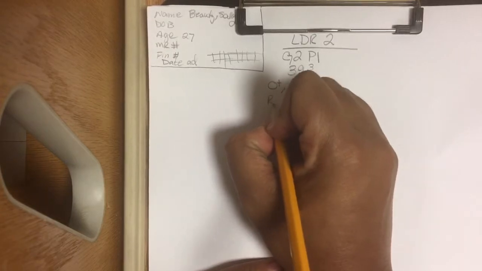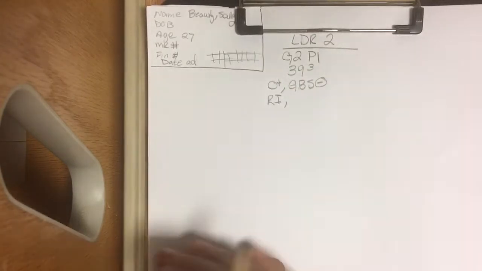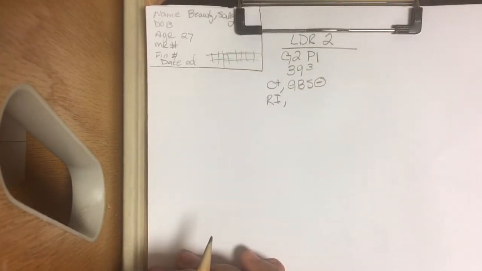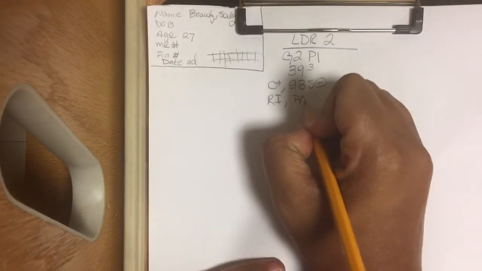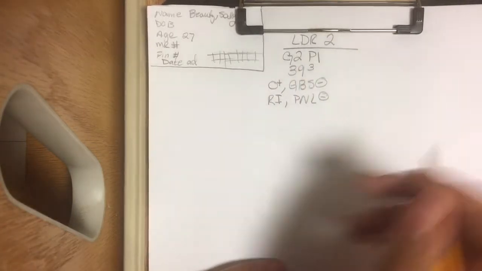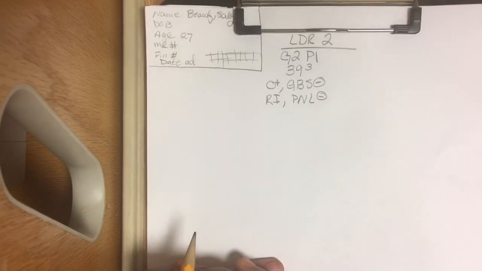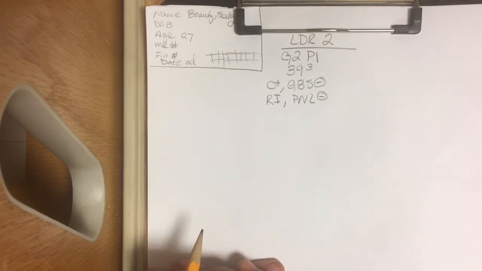Her rubella is immune, meaning she does not need an MMR, and the rest of her prenatal labs are negative, meaning her gonorrhea, chlamydia, HIV, Hep B, all those types of prenatal labs that we take at the beginning of pregnancy and somewhere towards mid to late pregnancy.